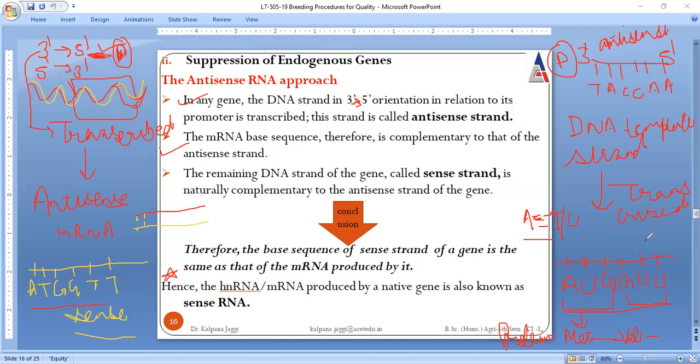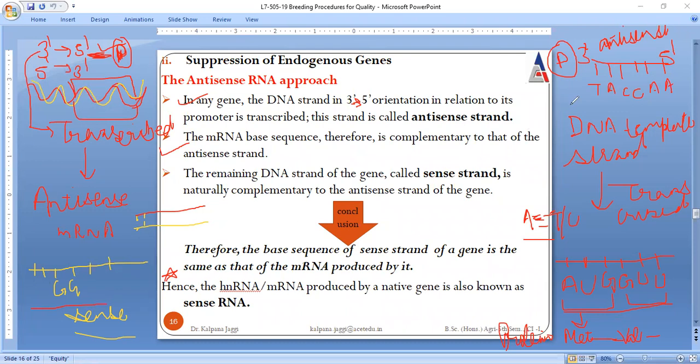right? Now, one change I let you know. Here I said the sequence is going to be T. The sequence won't be T. The reason is that when we are discussing DNA and we say a single strand, the single strand is mRNA only, right?